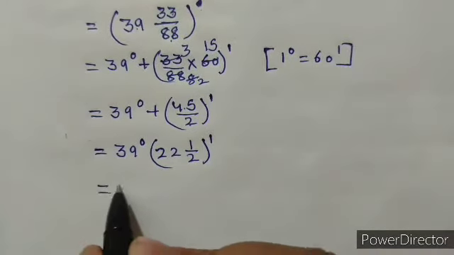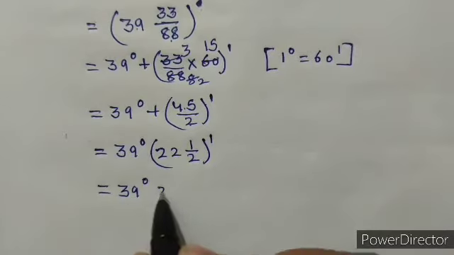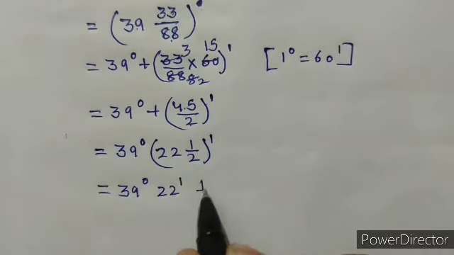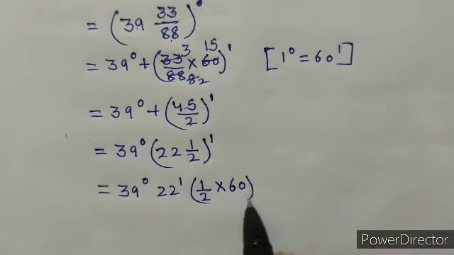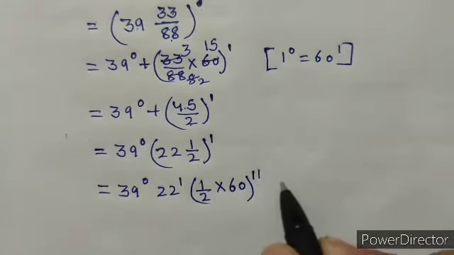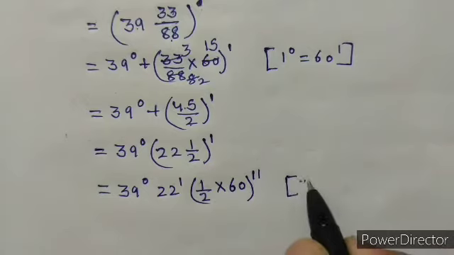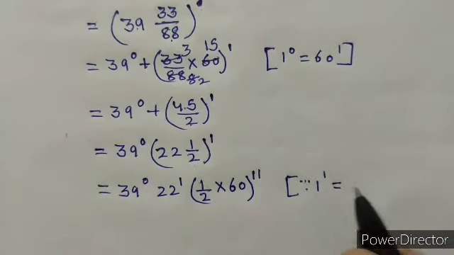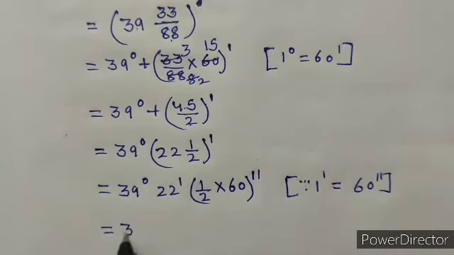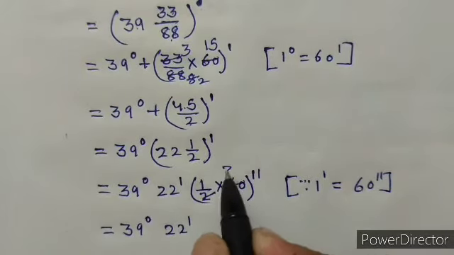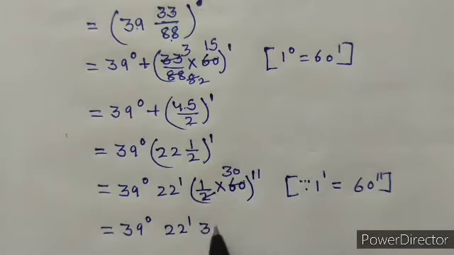Now this will be 39 degree, 22 minutes, and 1 by 2 minute can be converted into seconds by multiplying it by 60, as 1 minute is equal to 60 seconds, and this will be equal to 39 degree, 22 minutes, and 30 seconds.